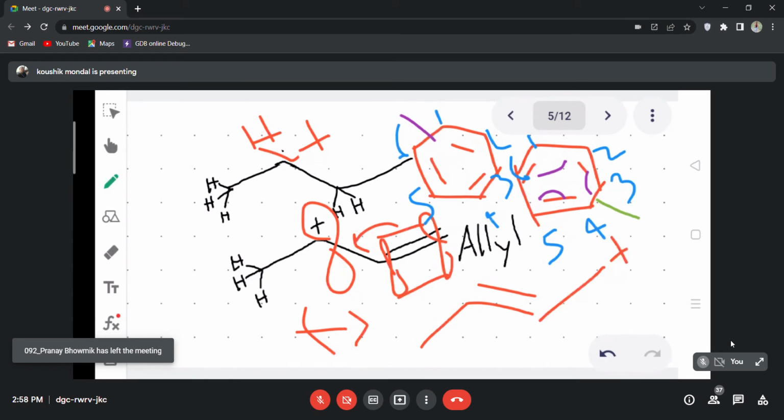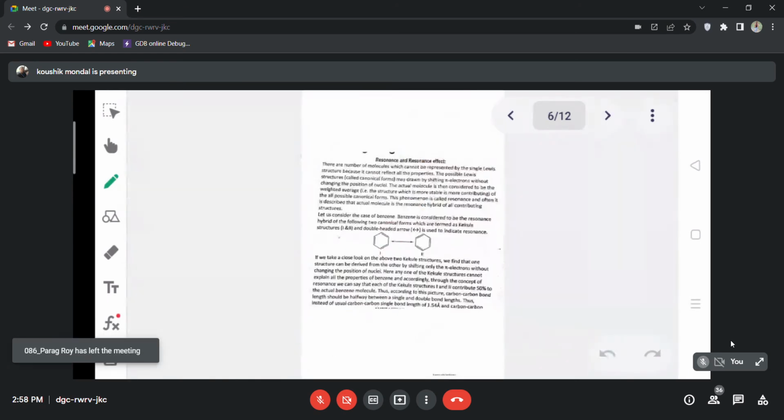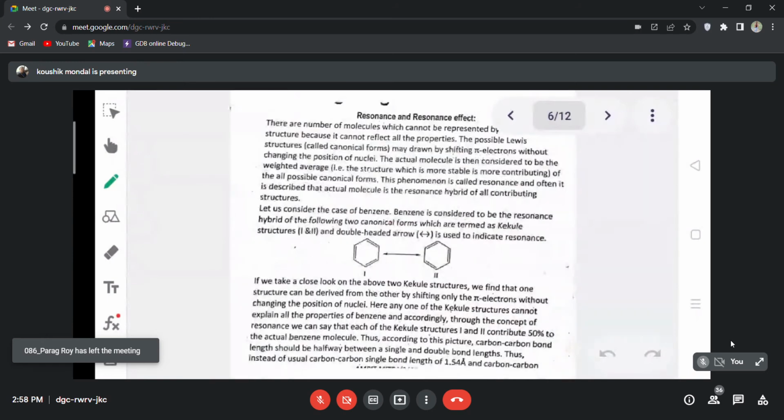So this is basically the resonance effect. Okay, so there is a small note given on what is resonance effect. In this mid-sem exam, you will be asked what is the resonance effect, or what is the hyperconjugative effect, or what is the inductive effect.